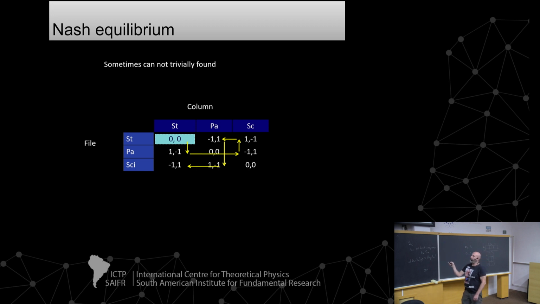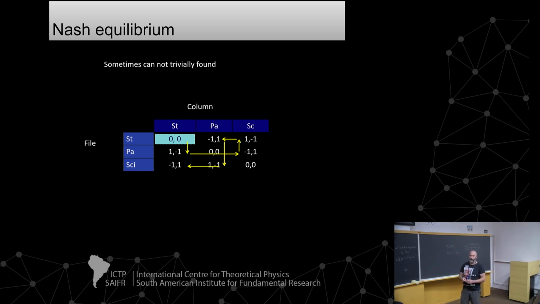But actually, if we think in terms of mixed strategies, we will find the Nash equilibrium. There is always a Nash equilibrium. But this Nash equilibrium sometimes cannot be written in terms of these pure strategies. But there is always a Nash equilibrium. So you can always find at least one Nash equilibrium. This is for symmetric and asymmetric games. Okay.